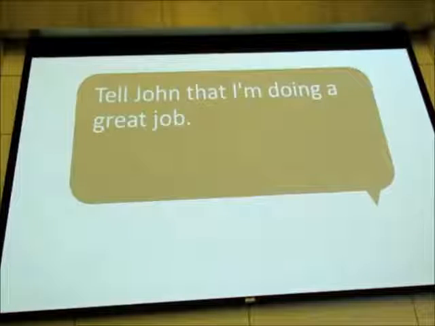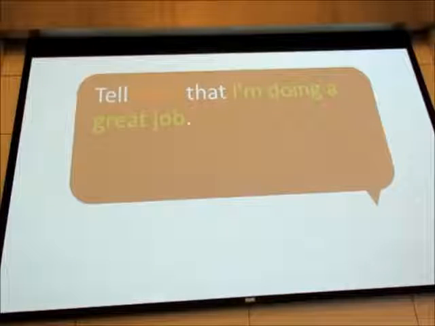So let's, for example, use this example. Tell John that I'm doing a great job. Am I doing a great job? I don't know, but I'm going to tell John that I do. So here we see a couple of things. The intent of this is that we need to send a message.